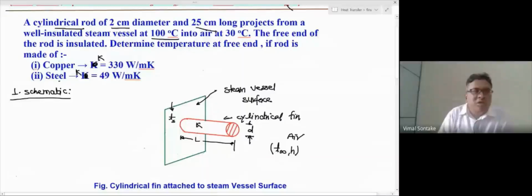So this 2 centimeter is nothing but diameter of the rod, 25 centimeter is its length, 100 degrees Celsius is steam vessel surface temperature Ts, and air temperature is 30 degrees Celsius.